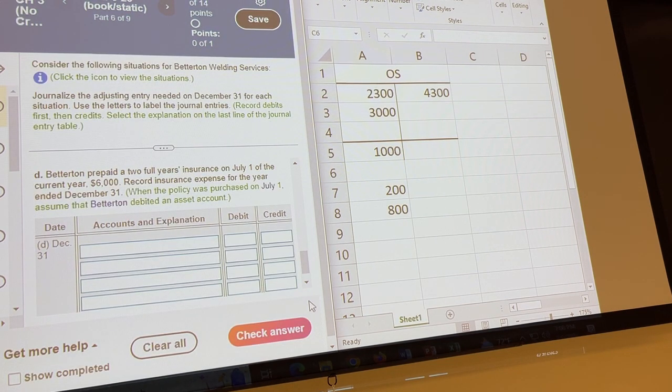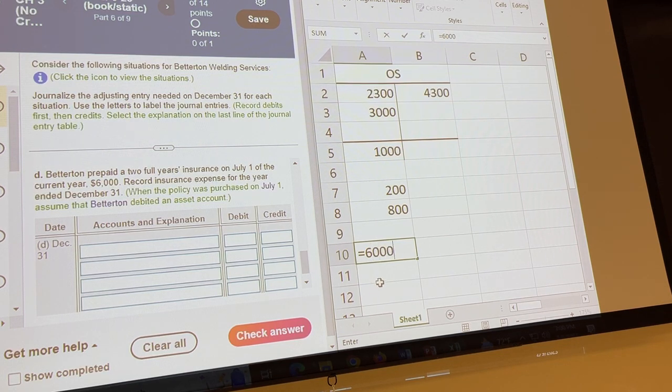Okay, then, next, Betterton prepaid 2 full years insurance on July 1st of the current year for $6,000. Record insurance expense for the year ended December 31st. So the total amount was 6,000.